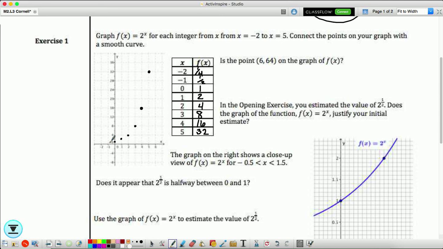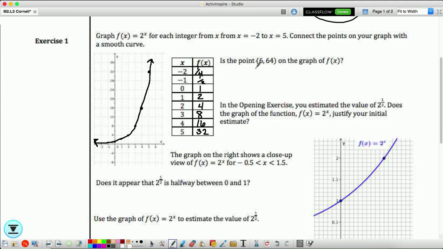And then going in reverse order, -1 is going to take us all the way down to 1/2, and then just a little bit lower to a quarter. Remember that it gets super close to the x-axis, but it never quite touches it. So we can see our function going up like this, a smooth curve.